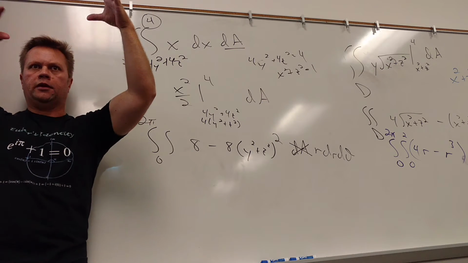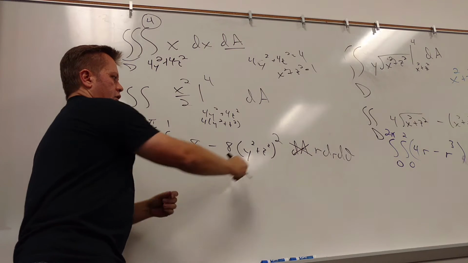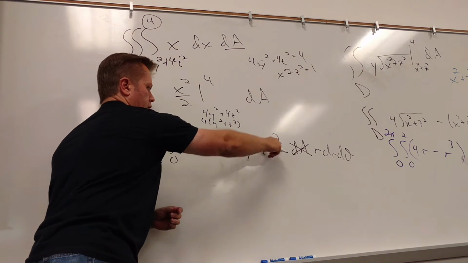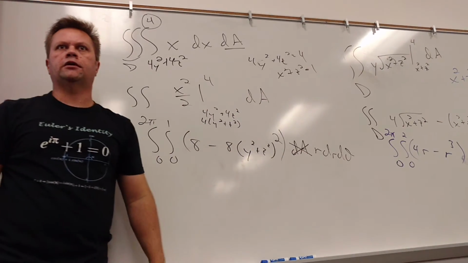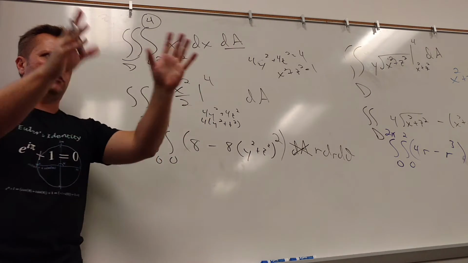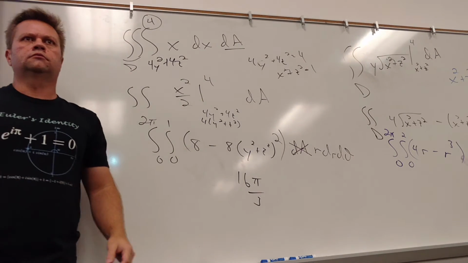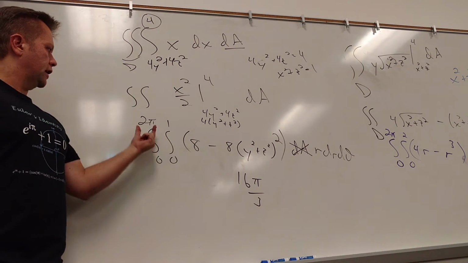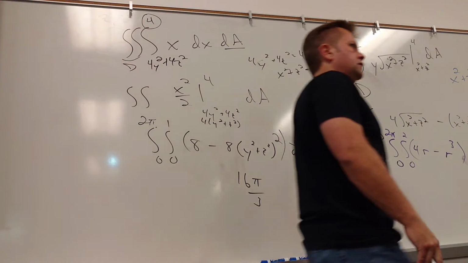That's the one thing to be careful about. And then you can make this become r squared squared, r to the 4th. I like it. You get that r, now don't forget about that r. All right, that's exactly the same as the integral we just did, right? Is that cool? If you want to know, I think you get 16 pi over 3 if you do all that at the end. There's no trig function, so you're going to end up with some pi's running around. There's no trig functions to eat those.